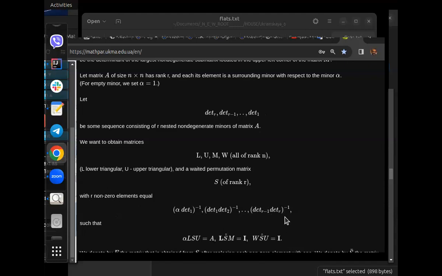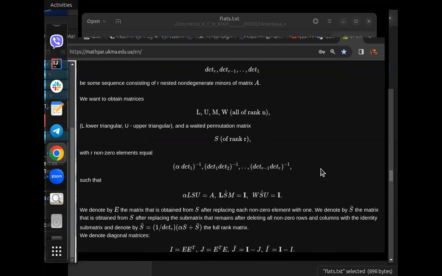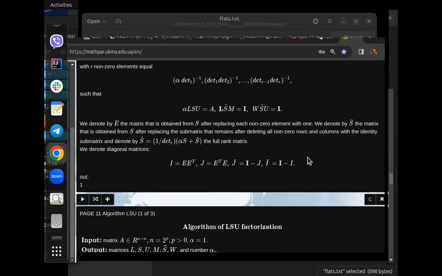The biggest minor has size R, and the biggest element has size determinant of R minus 1, not determinant of R. And we want to obtain such matrices with this property: alpha times LSU equals A, LSM equals the identity matrix, and MWSU equals the identity matrix.